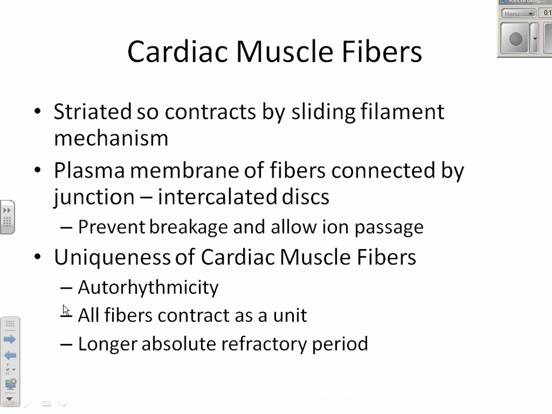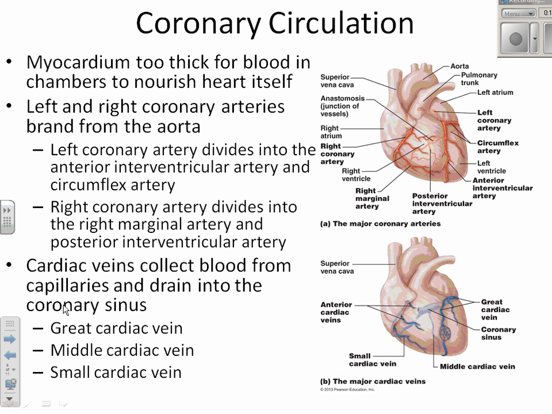The left coronary artery that you see here divides into the anterior interventricular artery and the circumflex. So here's the interventricular artery, and there's that circumflex artery that I showed you several days ago. That's that major one that often gets clogged up and causes people to have heart attacks, right? The circumflex.